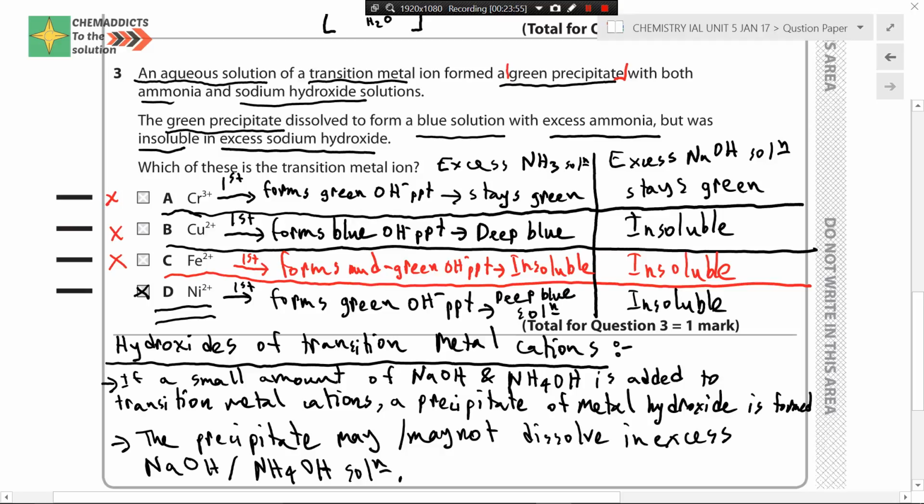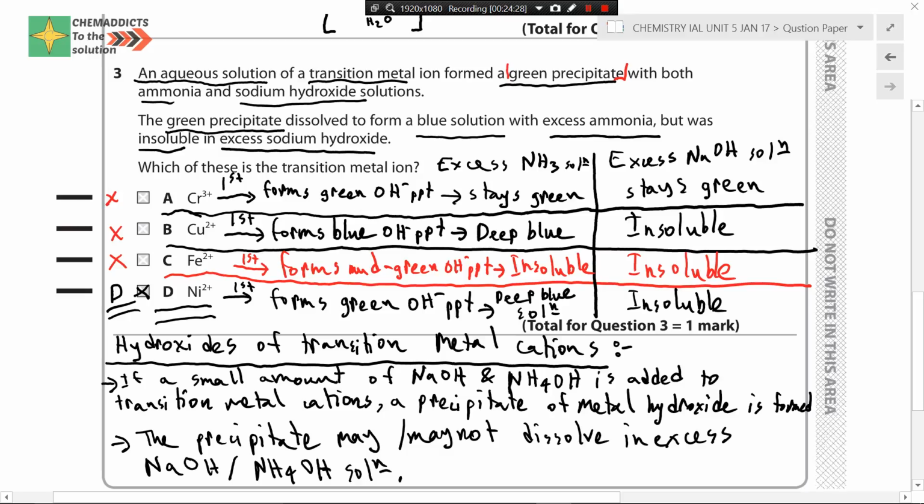Let us first write the answer to this question. The answer is D. Now let us revise this once again. Chromium 3 plus ion first forms green hydroxide precipitate with both ammonia and sodium hydroxide solutions. Say along with me, like a nursery rhyme.